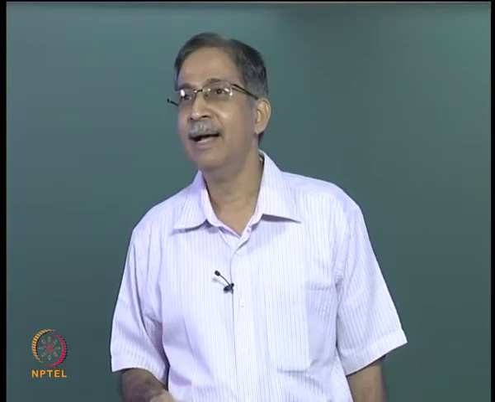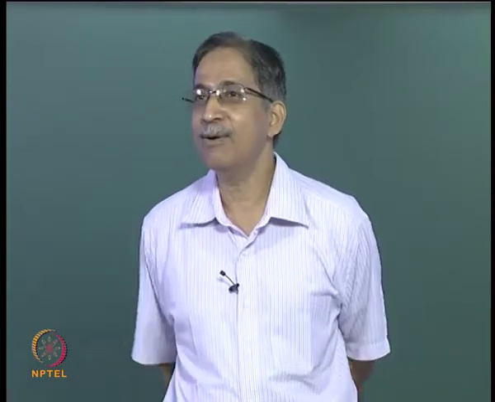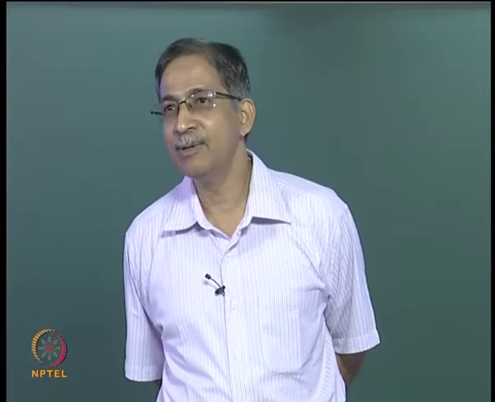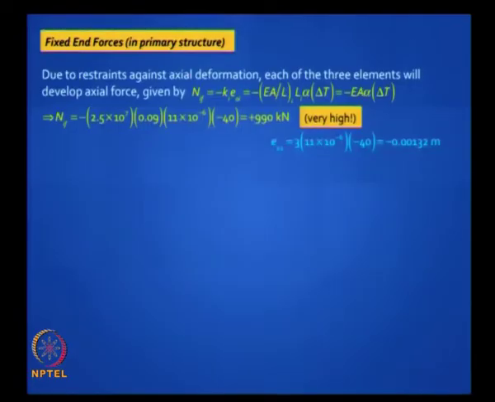Let's see. But this is alarmingly high, but it's good to also have a check on what is that free length that would give it a 0 value. If you allow it to cool fully, then the extension will be L alpha delta T. L is 3 meters here, alpha is 11 into 10 raised to minus 6, delta T is minus 40. So you just need 1.32 mm. That's a small movement.